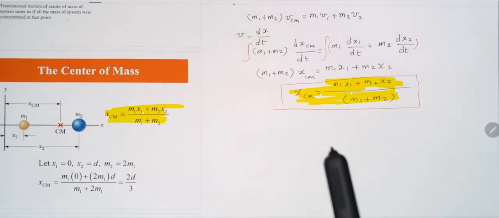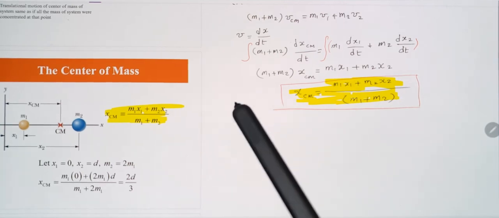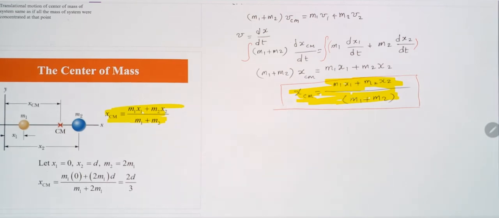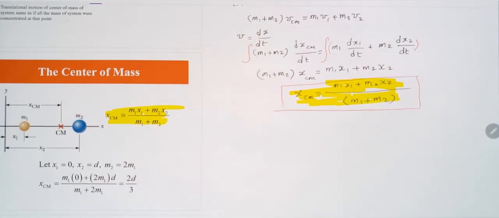So the center of mass. And by the way, I can also go from conservation of linear momentum to Newton's second law, with the same derivation. So in fact, Newton's second law is a direct consequence of the conservation of linear momentum. In the book it doesn't say that.